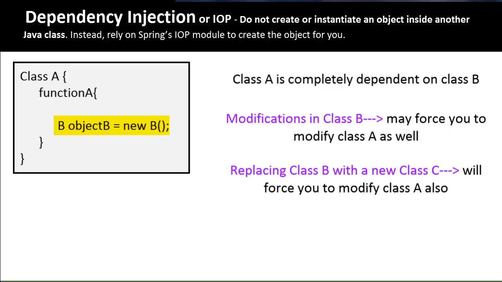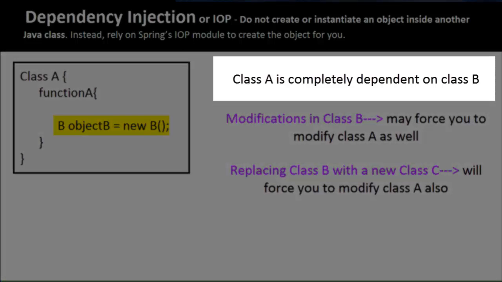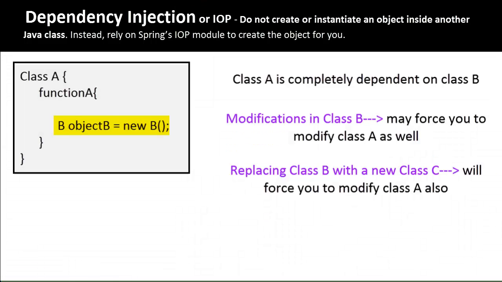All these problems are just for one reason, that class A is dependent on class B. So if we can completely remove or at least reduce this dependency of class A on class B, we can overcome all such problems. And here comes the importance of Spring's dependency injection or inversion of control container. This module will help you in overcoming all such problems using a simple configuration file in a very simple way.